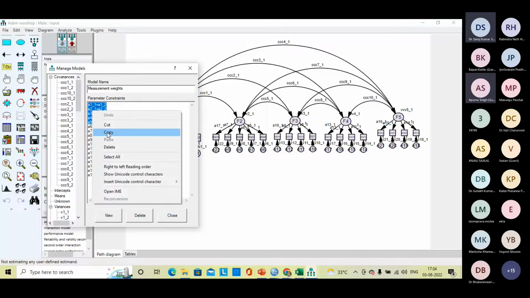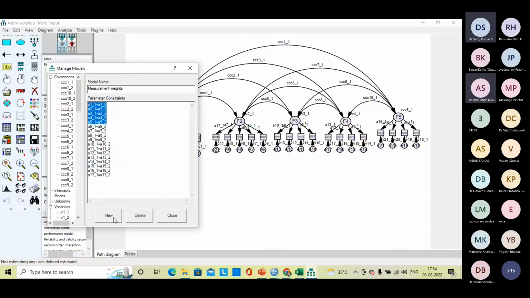Copy and create a new structure, and let us put it as factor 1 constraint, and paste here. So a new name is created, in which I have constrained the factor 1 only.